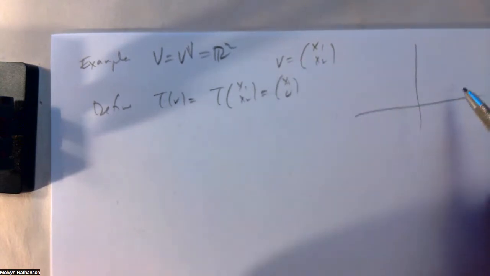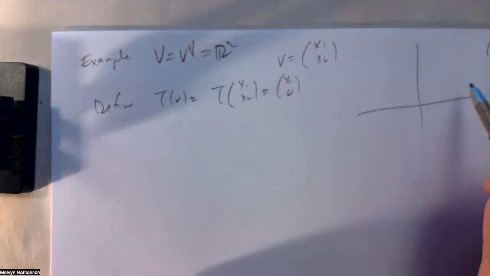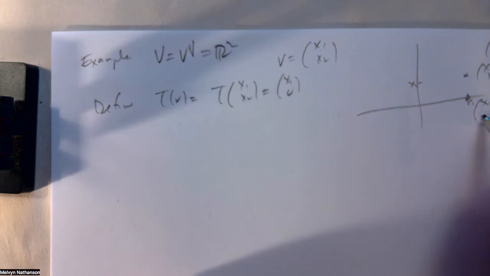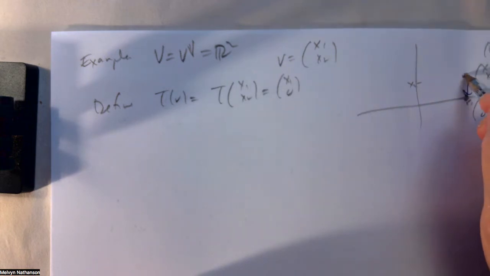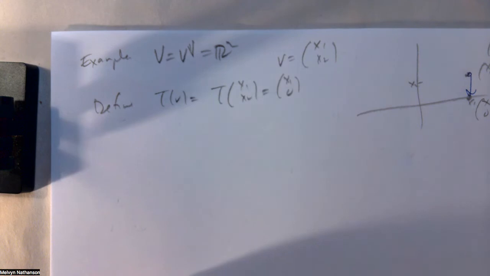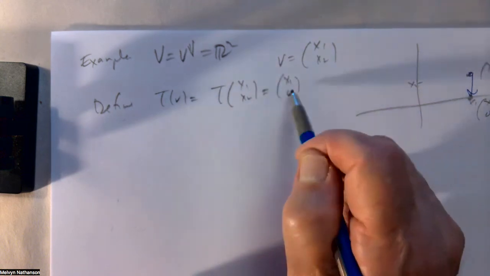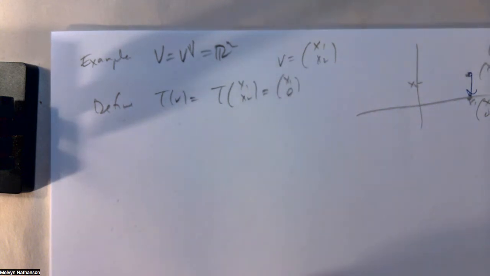If you want a picture of what this looks like, if this is R2, and this is the vector x1, x2, this is the vector x1, 0, and our linear transformation takes this vector and just projects it onto the x-axis. So geometrically, that's what this function does.